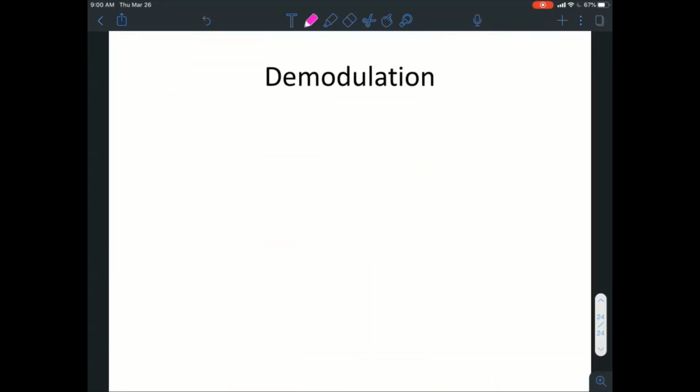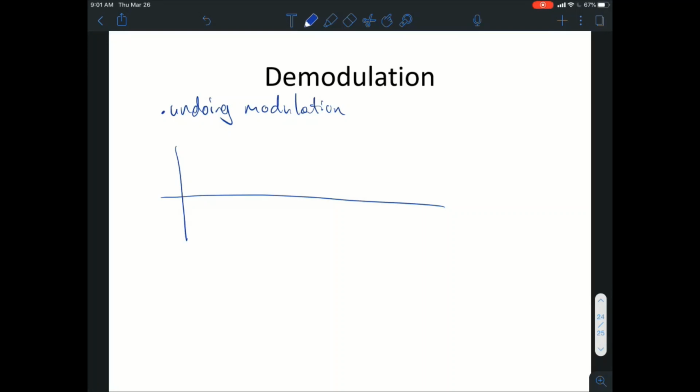So the last thing we're going to talk about is demodulation. Demodulation is essentially undoing modulation. If you recall, when we talked about things, you had that envelope of our signal, and the signal was trapped inside here.